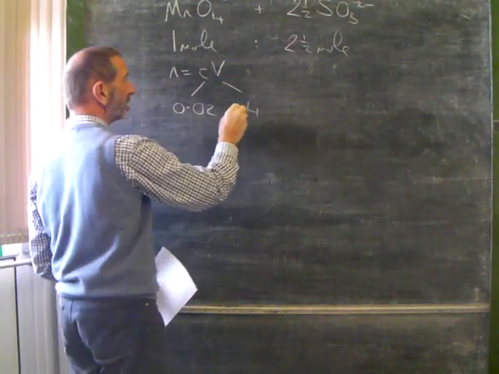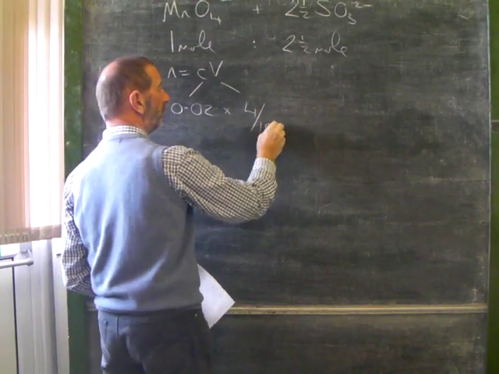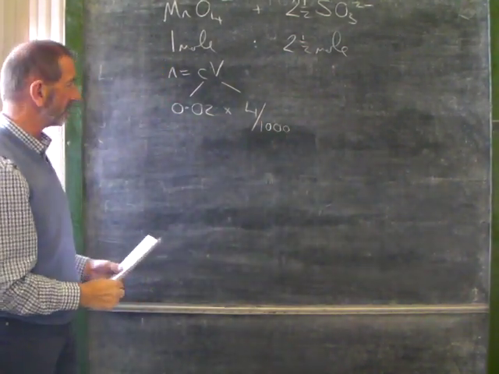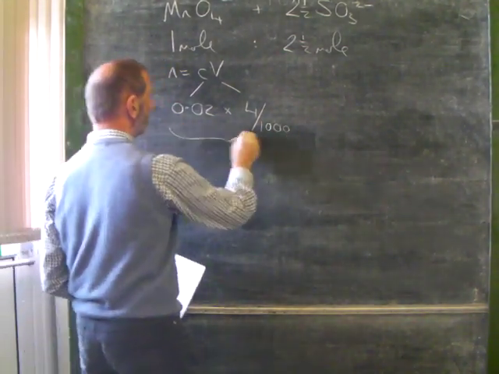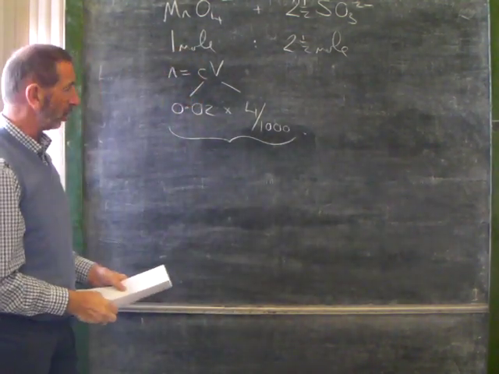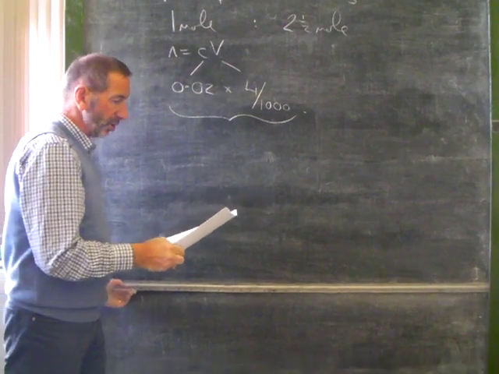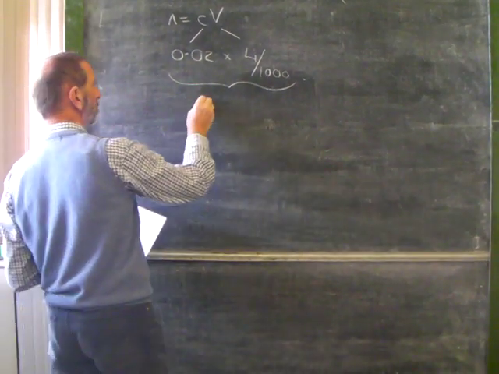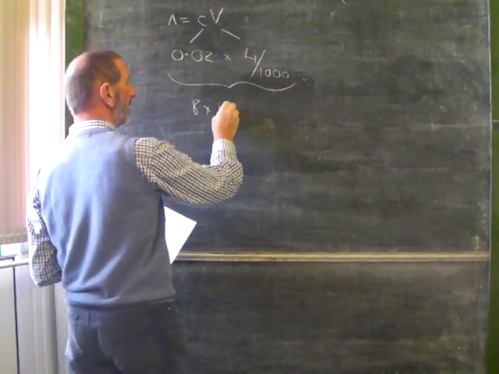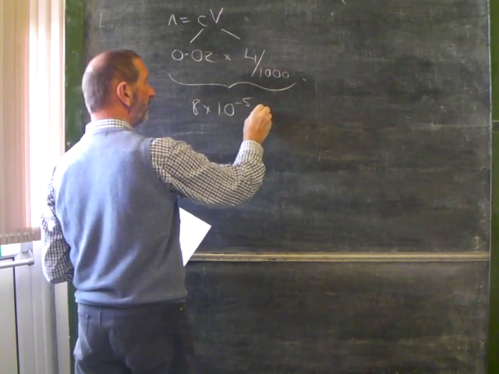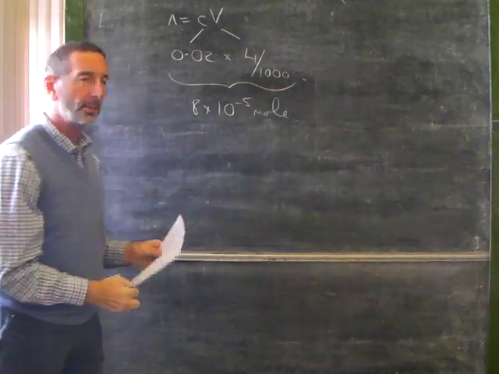Be careful, of course, that's 4 out of 1,000. Volumes are expressed in litres. So how much permanganate is that? Very small quantity. This is very dilute and a very small volume. So when you do this sum, it comes to 8 times 10 to the negative 5 of a mole. Tiny little amount.